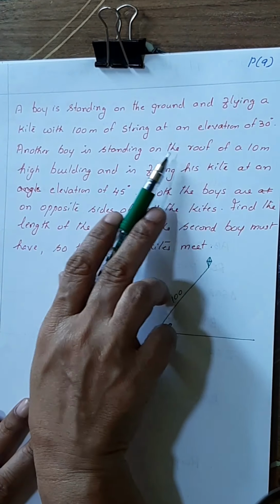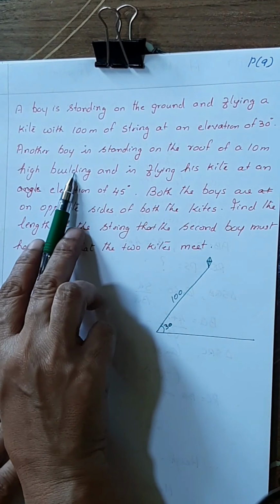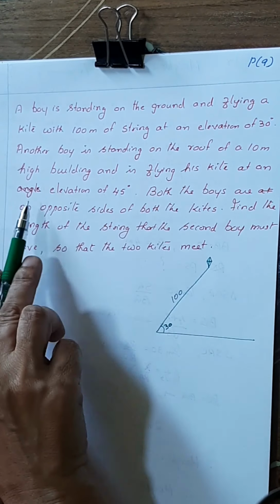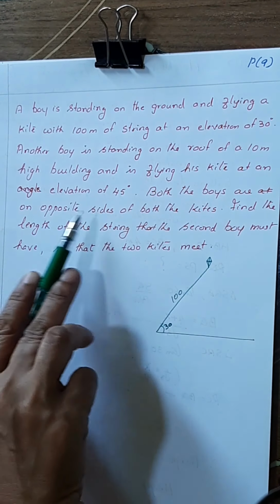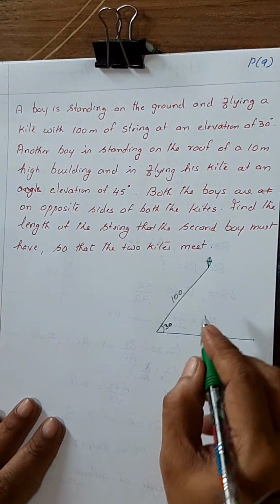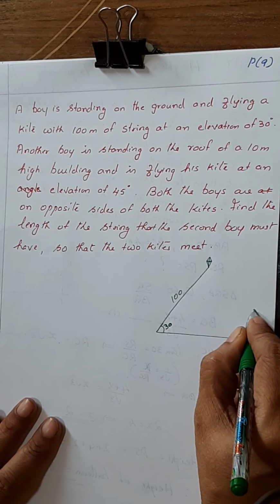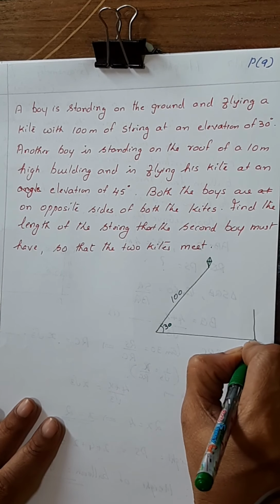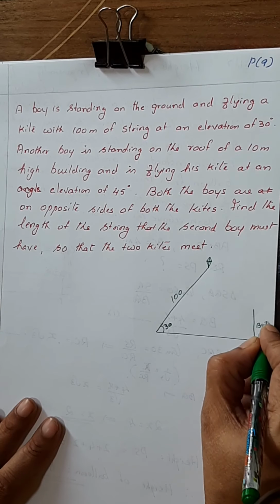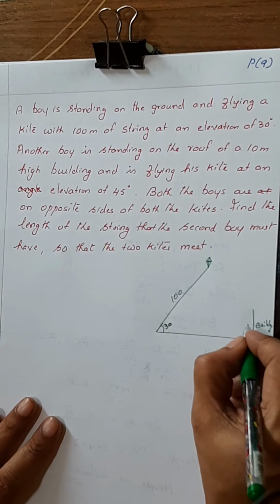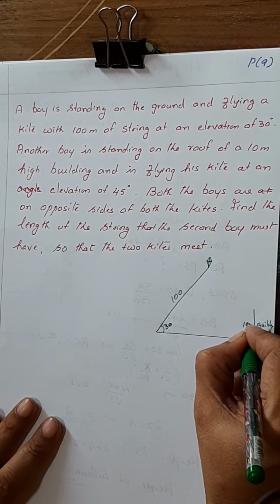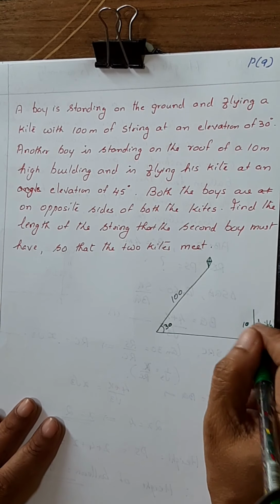Another boy is standing on the roof of a 10-meter high building and is flying his kite at an angle of elevation of 45 degrees. Both the boys are on opposite sides of both the kites. So here there is another building over here. So the boy is standing on the building. This is the building. It is 10 meters. The building height is 10 meters.